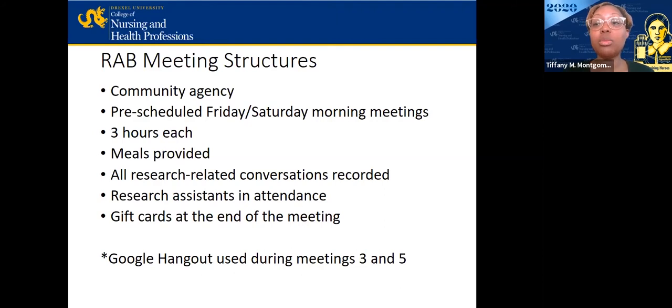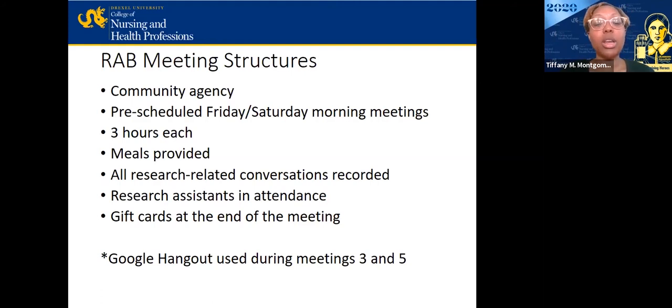I didn't want people from the community coming to the university to meet, because I didn't want the appearance of any type of hierarchy or power struggle, right? I didn't want it to appear that as the researcher or research student that I had any more power than the members of my research advisory board or the focus group. And so we met at a neutral location, a community agency.